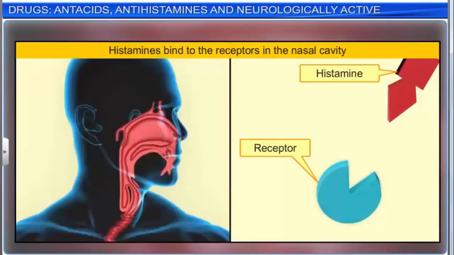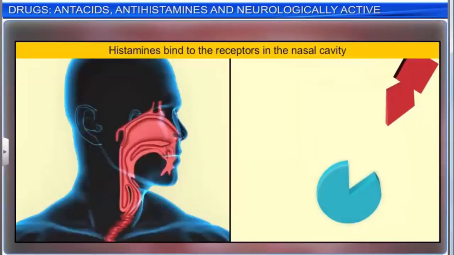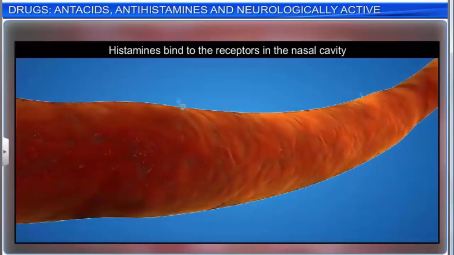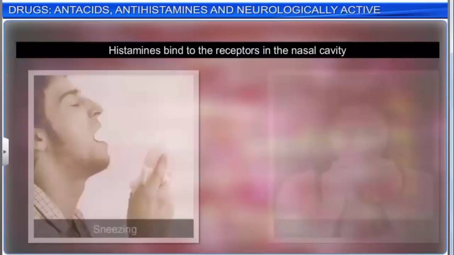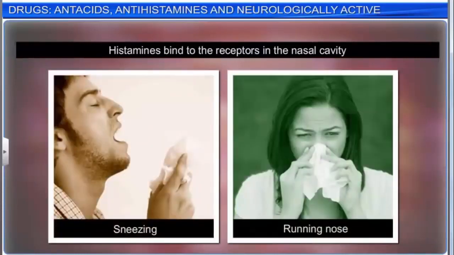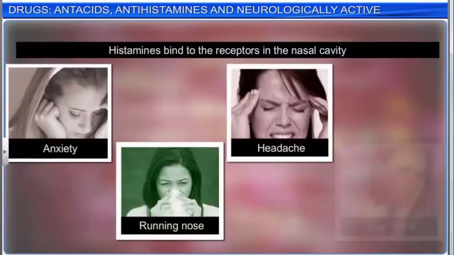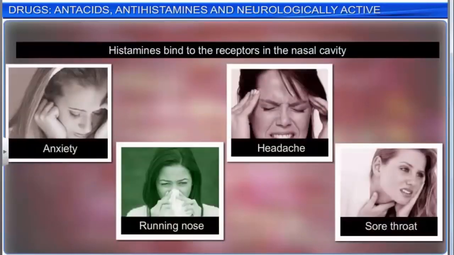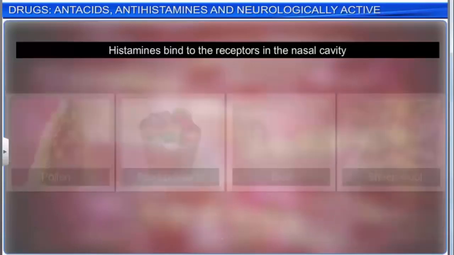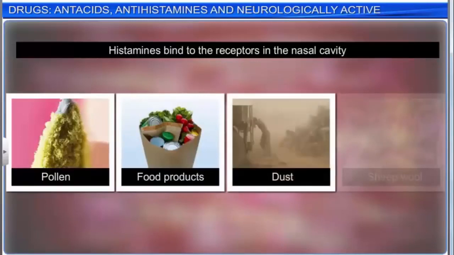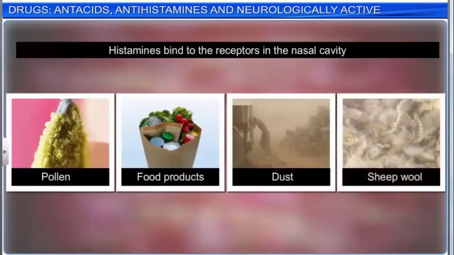Histamines bind to the receptors in the nasal cavity and cause blood vessels to swell and secrete excess fluid, causing sneezing and a running nose. Thus, histamines are also responsible for the nasal congestion associated with common colds and with allergic response to pollen, food products, dust, sheep wool, etc.